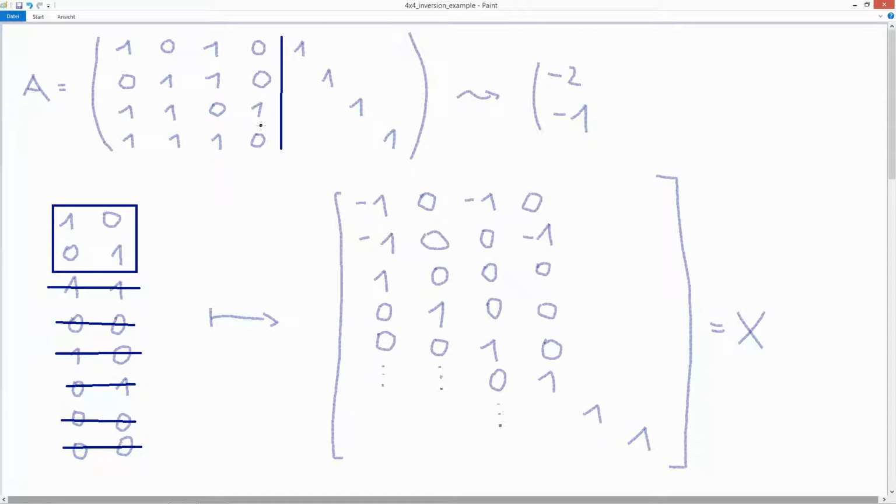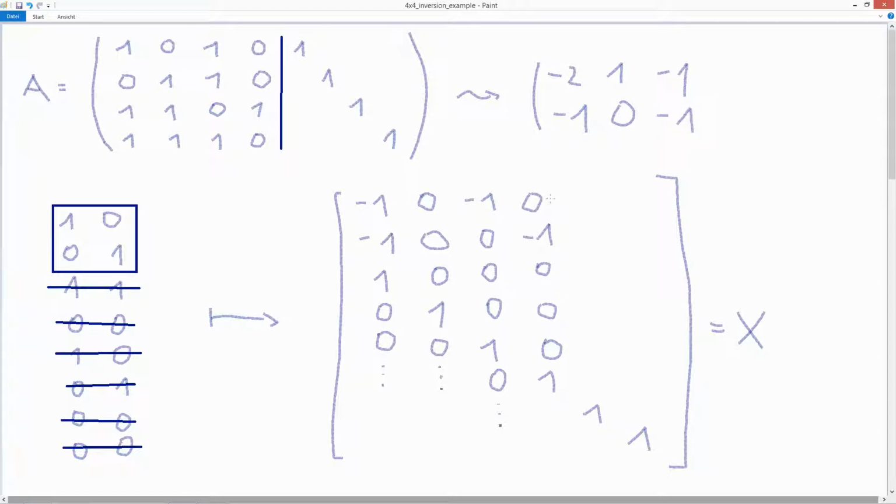So we get 1 and 0. Now the third column, -1 times 1 is -1. And here we get +1 times 0, which we can ignore. And here we have the same thing, -1.